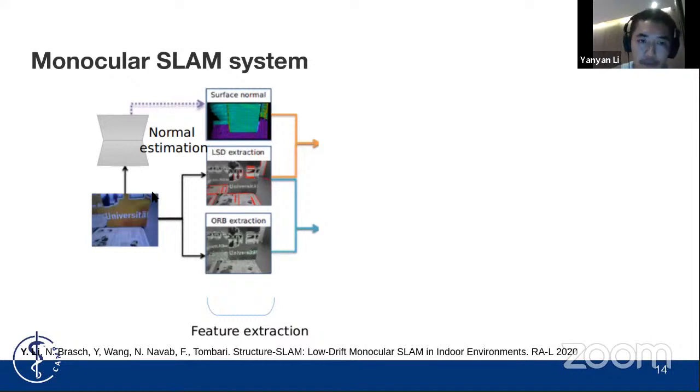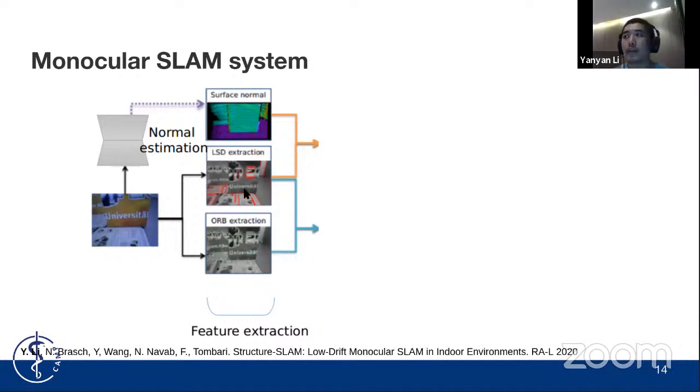You can see those red lines and those green points. There is only very little information compared with the original image.